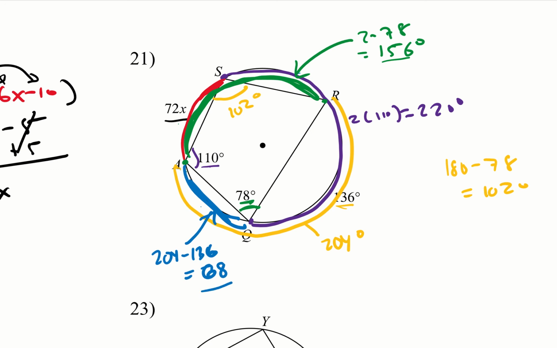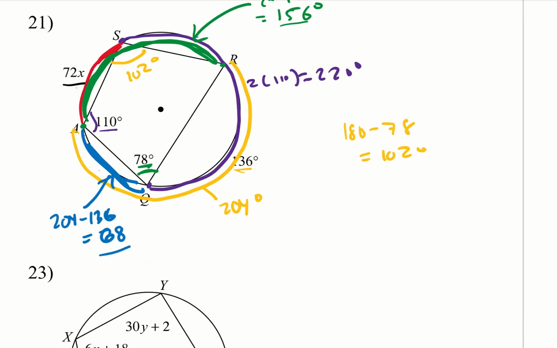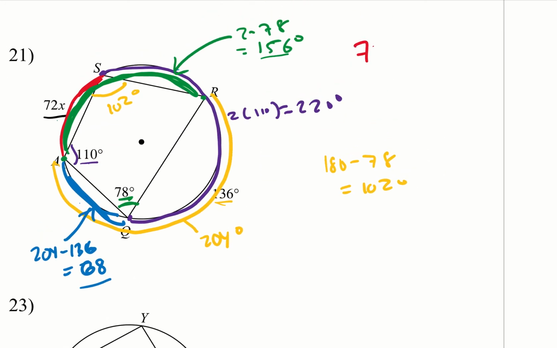So there's my blue. Now that I know the blue, I can use the 360 trick. I can say the blue, red, and the purple add up to 360. So the red, plus the purple, which is 220, plus the blue, which is now 68, adds up to 360.